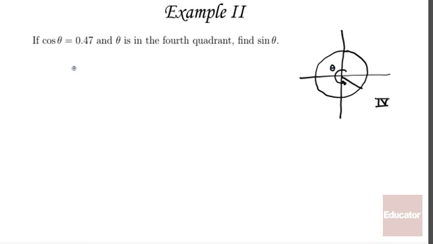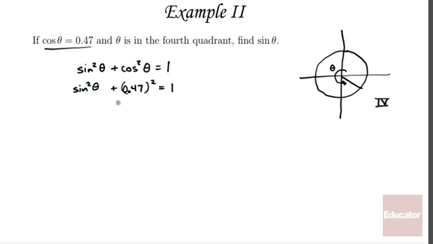By the Pythagorean identity, sine squared theta plus cosine squared theta is equal to 1. So I'm going to fill in the one that I know, cosine theta. Cosine theta is 0.47, so this is 0.47 squared plus sine squared theta is equal to 1.